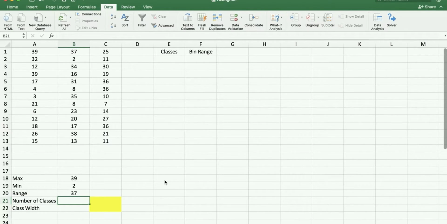As a general rule of thumb, you can use the square root method, in which you look at the number of observations in your data set, and then you take the square root of that, and if it is a fractional value, you can round it up to the next integer, and that will be your number of classes.